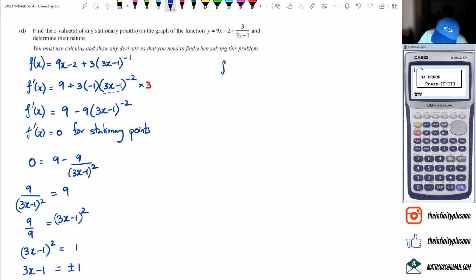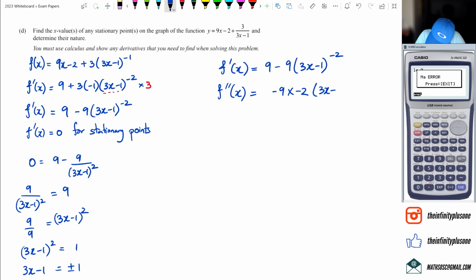Now, to do that, I need to differentiate it twice. So I've got f'(x) equals 9 minus 9(3x - 1)^(-2). That's where it is. So f''(x) is 0 minus 9 times negative 2 times (3x - 1)^(-3), multiplied by the differentiation of the bracket, which is 3.